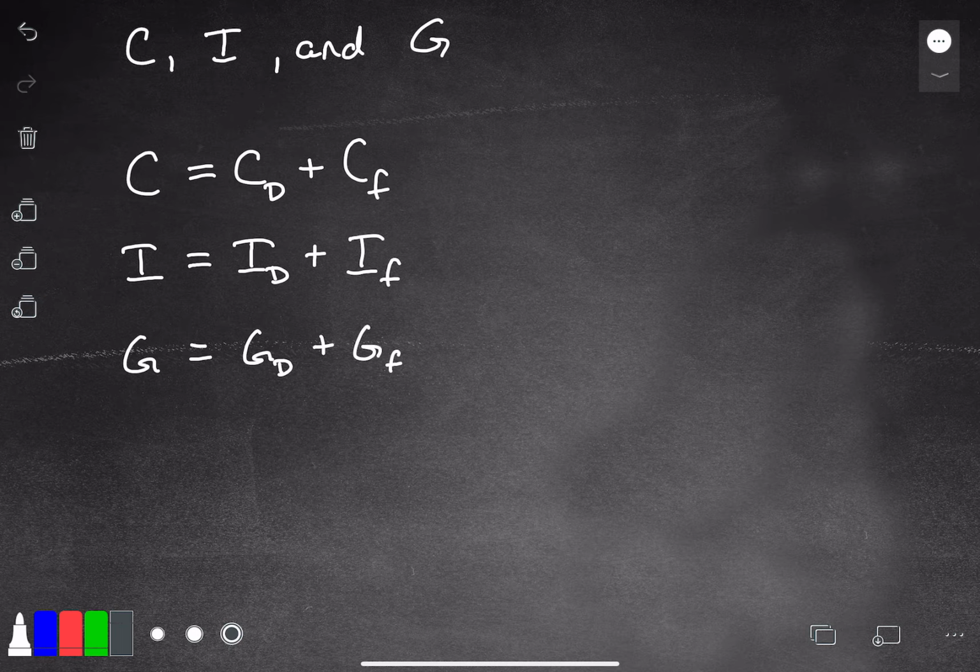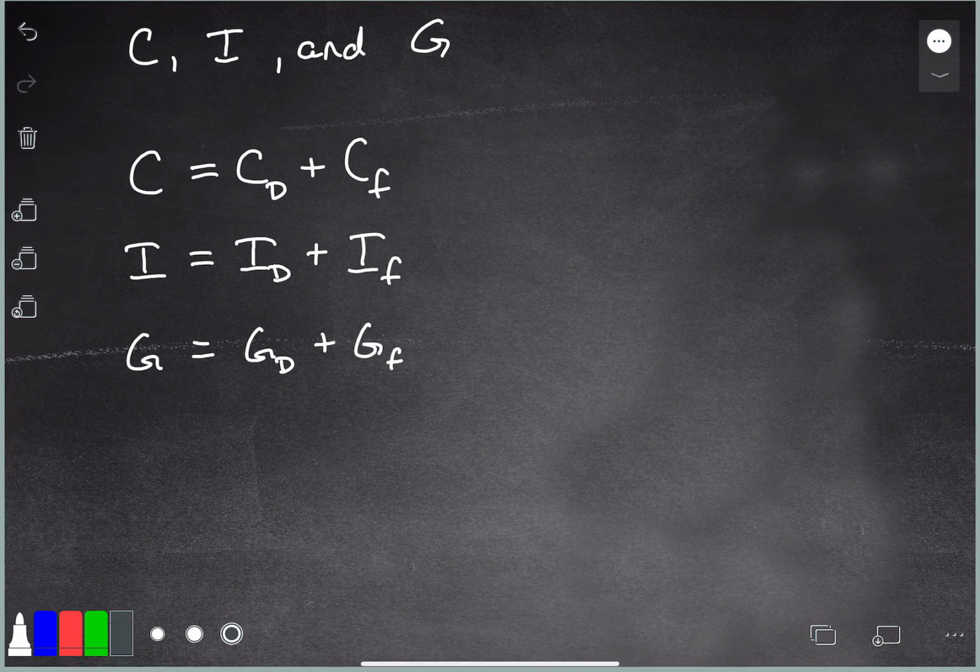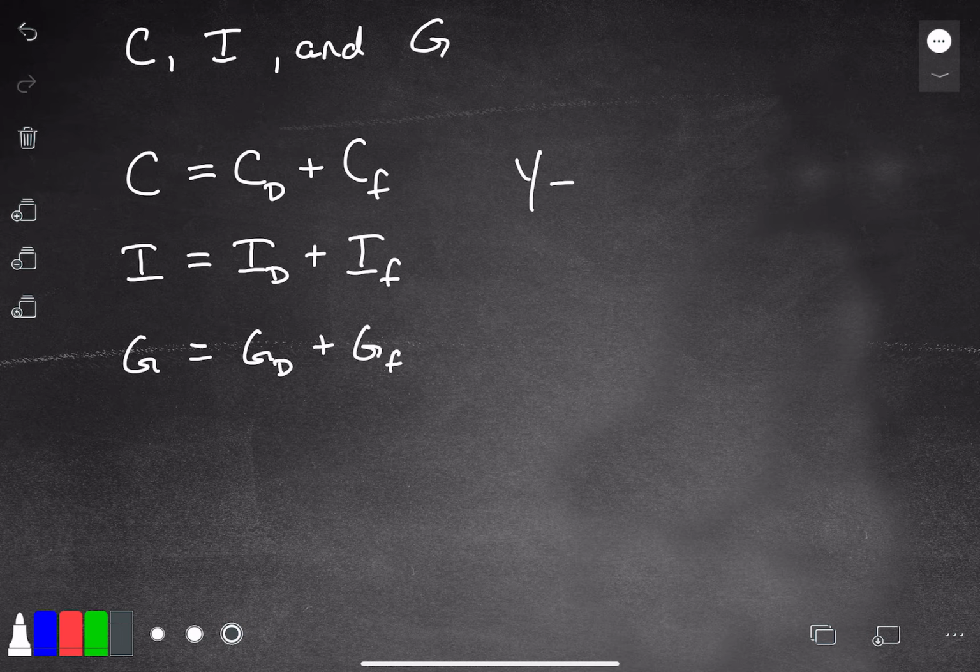So what GDP ought to be is what we spend on domestic consumption, plus our spending on domestic investment purchases, plus our domestic government purchases, plus exports, right? That would be all the things that we produced within an economy, within the United States in our case, within 1 year.